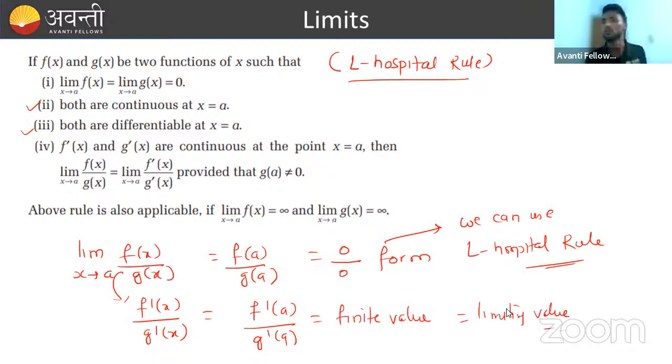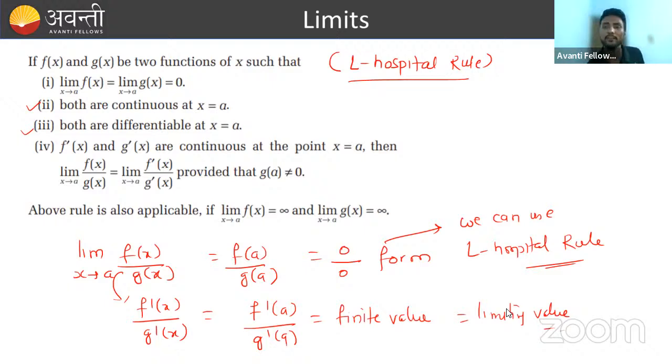So first, after putting, you are getting 0 by 0. Then you differentiate the numerator and the denominator, and after putting a, if you are getting any finite value, that is your limit value. If again after putting, you are getting 0 by 0, then you have to do the differentiation one more time. You have to do it till the time you are getting some finite value.